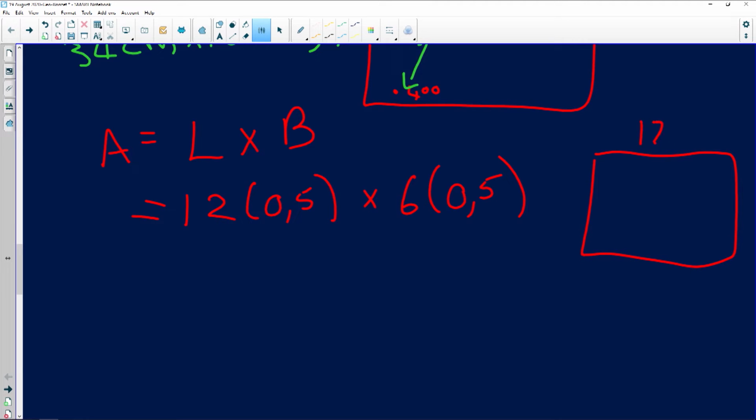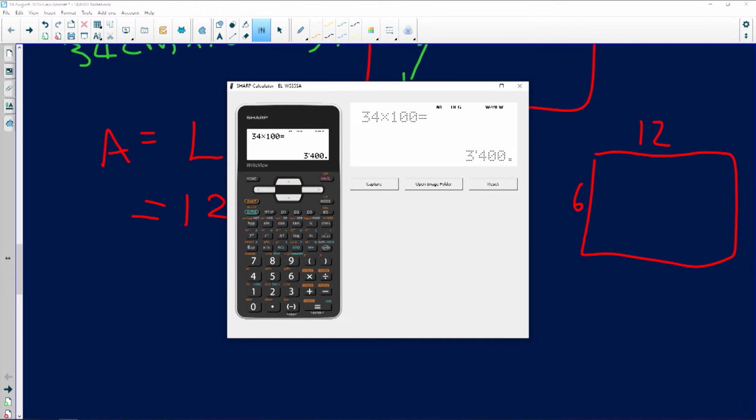That was 12 centimeters and that was 6. Okay. Now, first of all, what do you do? You get out your calculator. 12 times 0.5. Whoops, made a mistake. 12 times 0.5. That gives me 6.